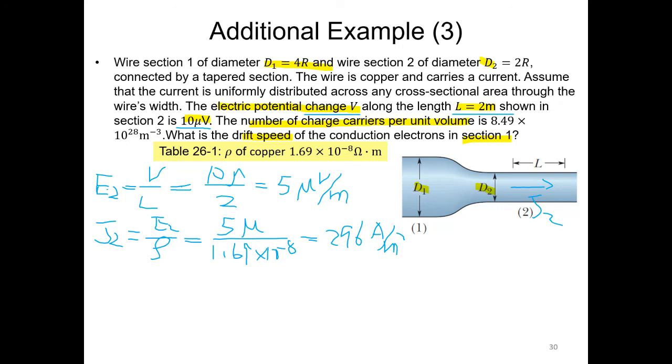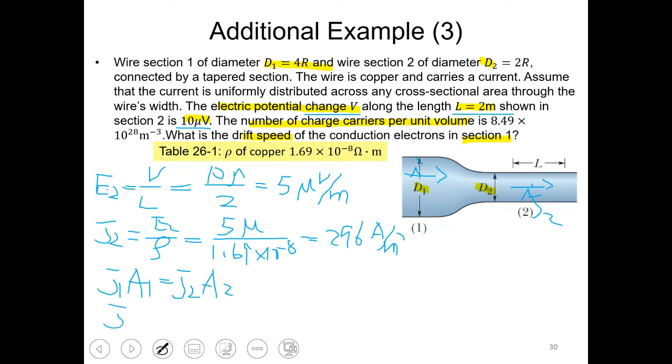And suppose that we have the KCL, which means that the I remains constant here, which means that J1 A1 equals J2 A2. Which means that J1 should be J2 A2 over A1.